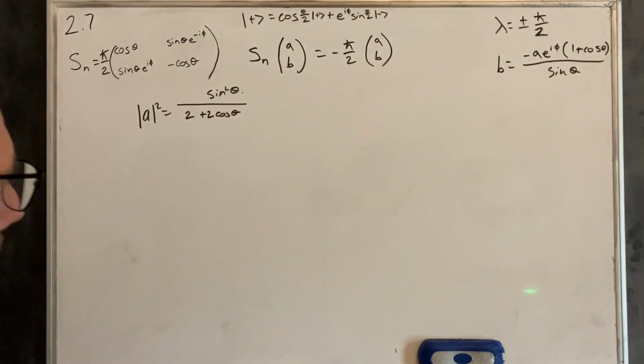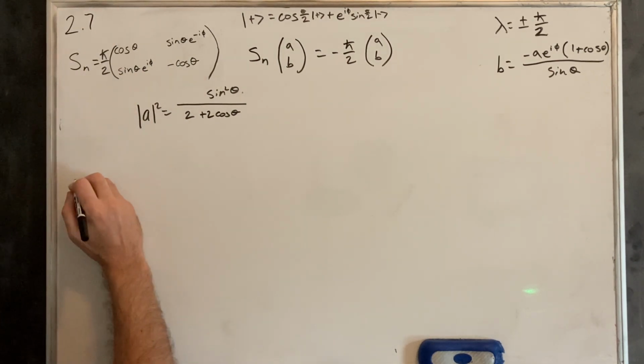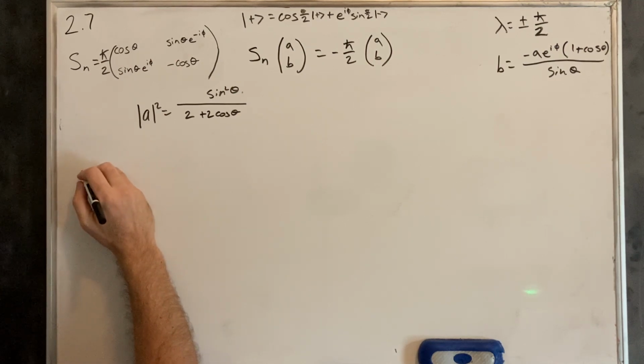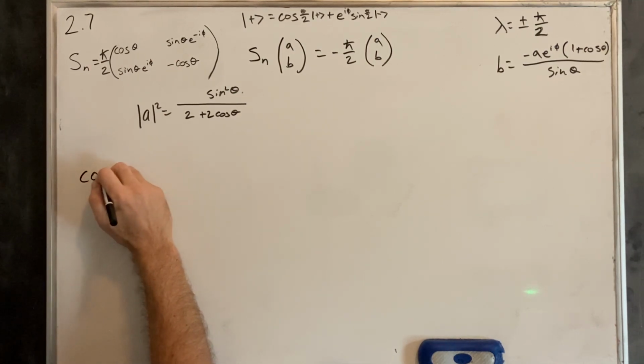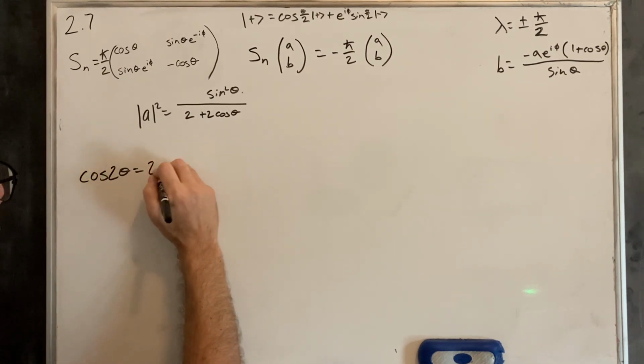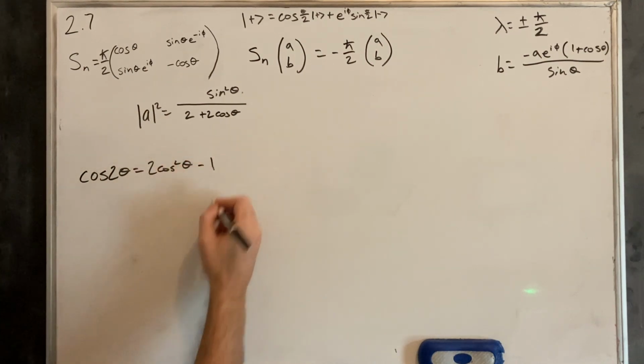So first of all, let's do the denominator. We do have a trig identity, the cosine double angle identity, which has a few forms, but the one we're going to use is cosine 2 theta is equal to 2 cosine squared theta minus 1.